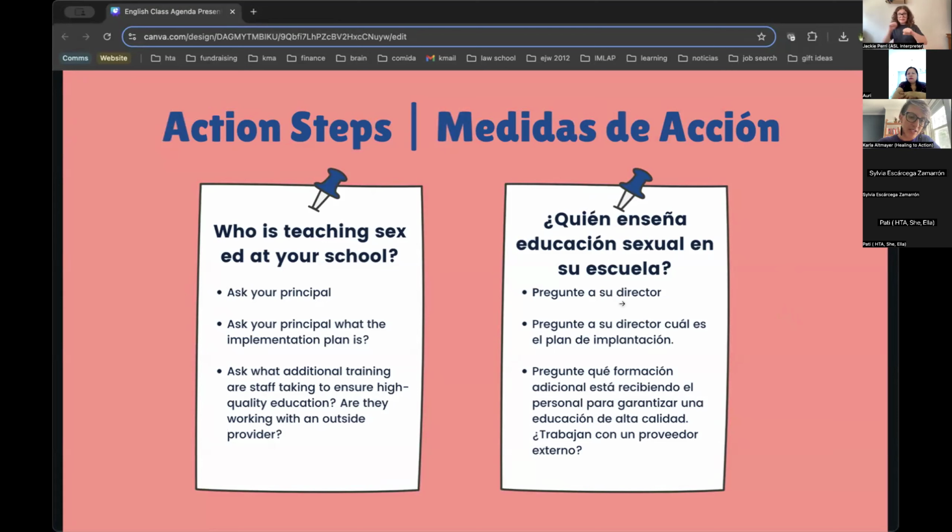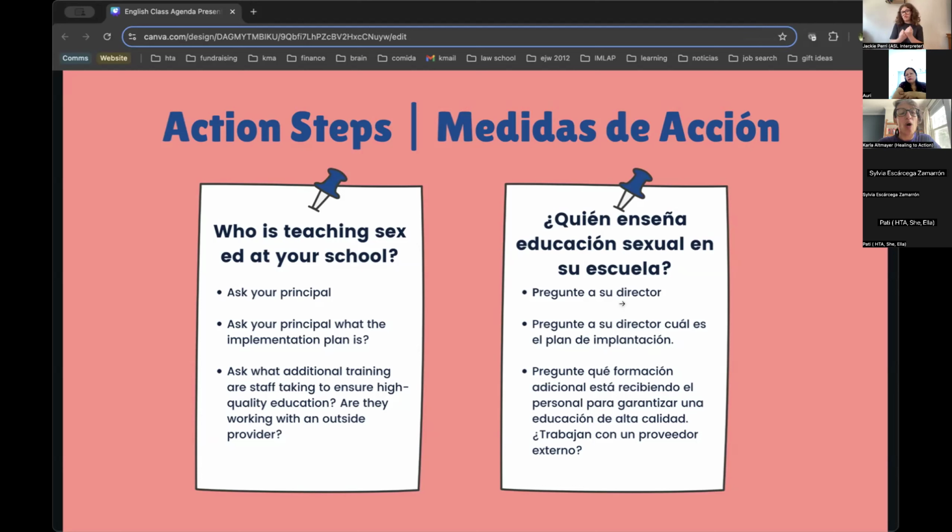Is it the math teacher? When did they get their training? Are they doing any supplemental training? Or are they getting any other resources? Is the school partnering with a community-based organization that can provide additional support and resources?